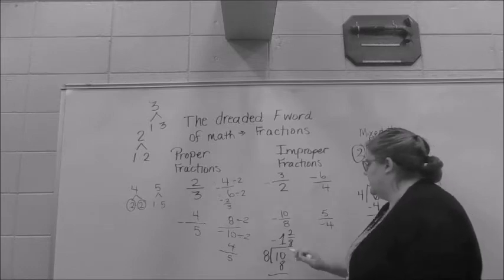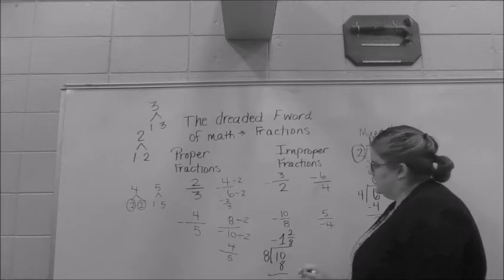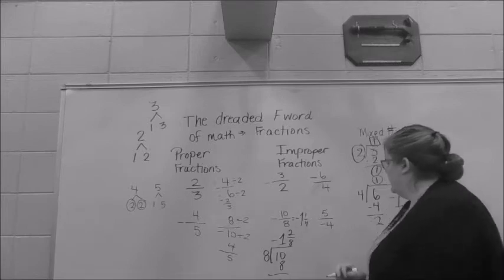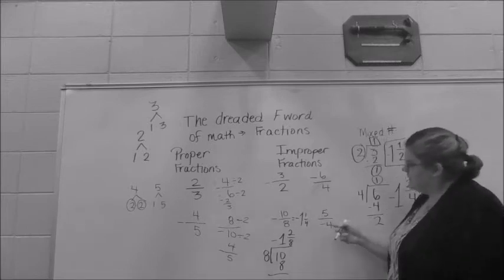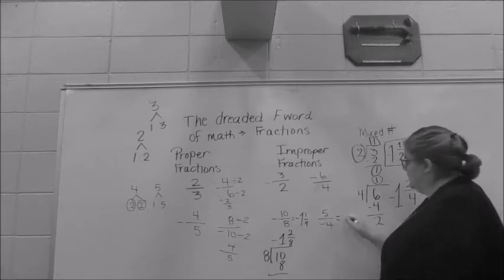I need to put a negative symbol in front of it. So this simplifies to -1 1/4, because I can divide both of those by 2. And if you guys notice, this guy and this guy, they are equivalent fractions. So this one is also equal to -1 1/4.